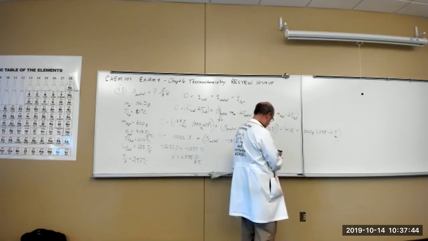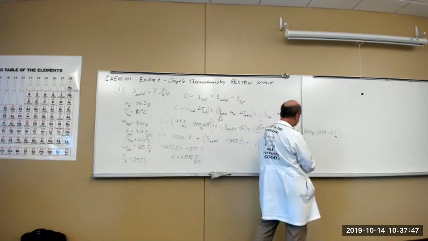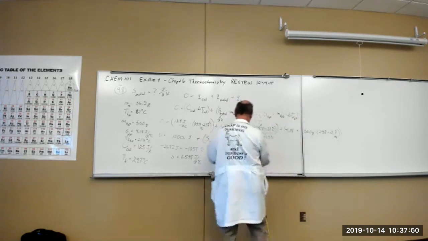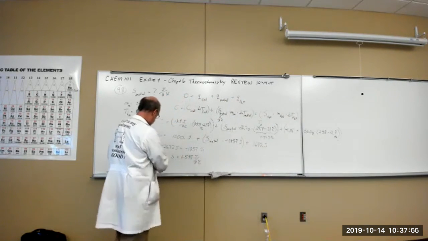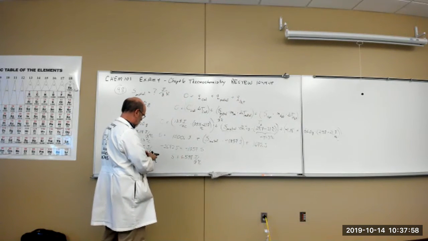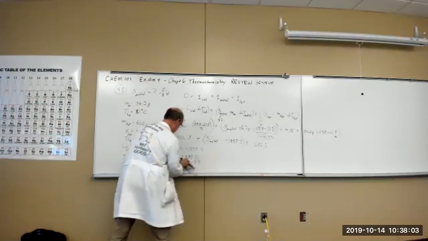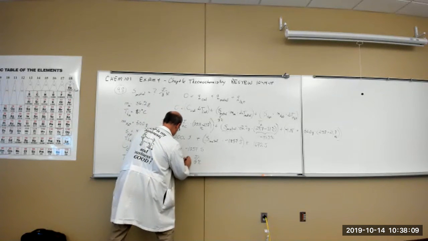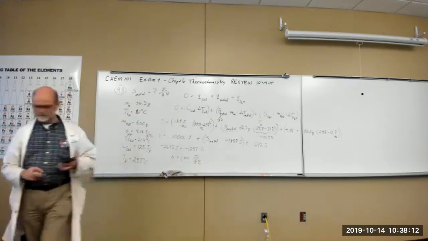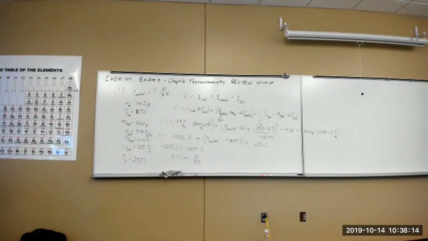And that one, let's see if I made that one right. 1672. Okay, so those are right. See if I did this one right. 2672. 1857. Oh, that's where I made my mistake. Punched it in wrong. 1.44. Yep. 0.98. Okay.